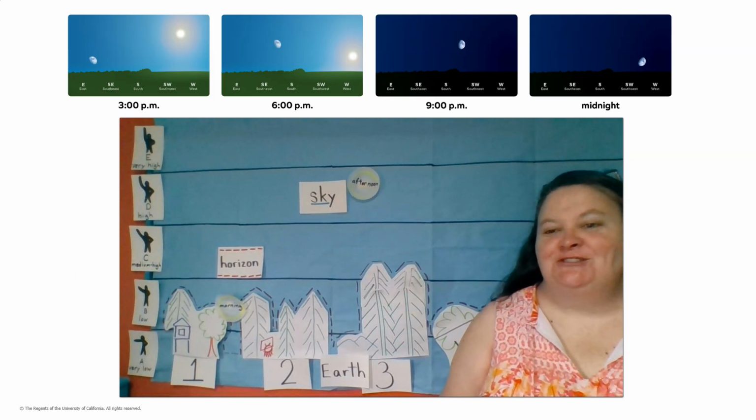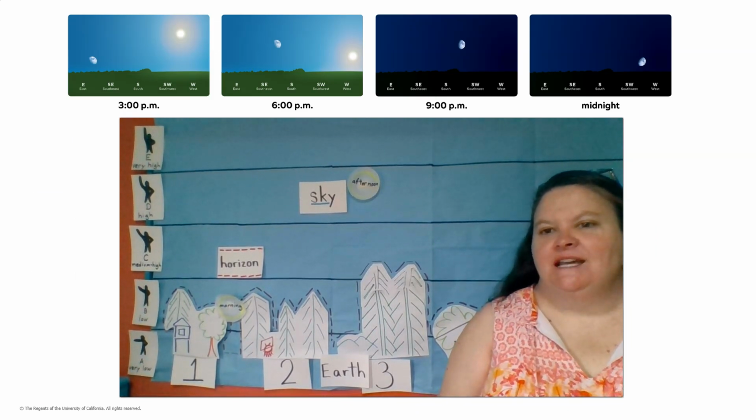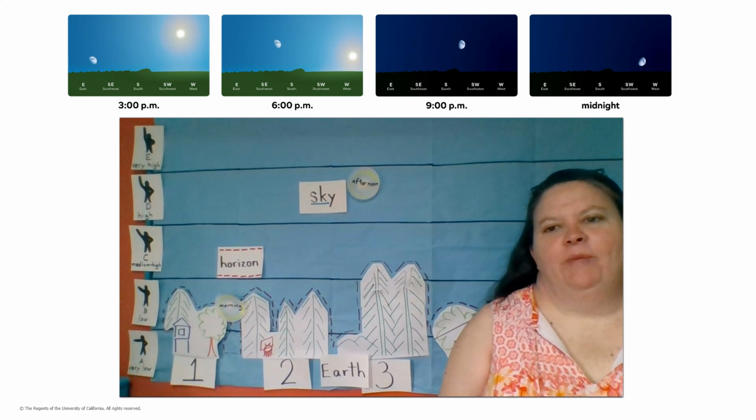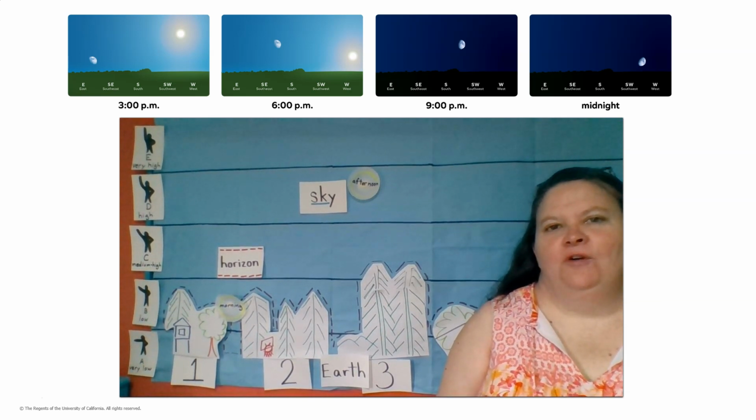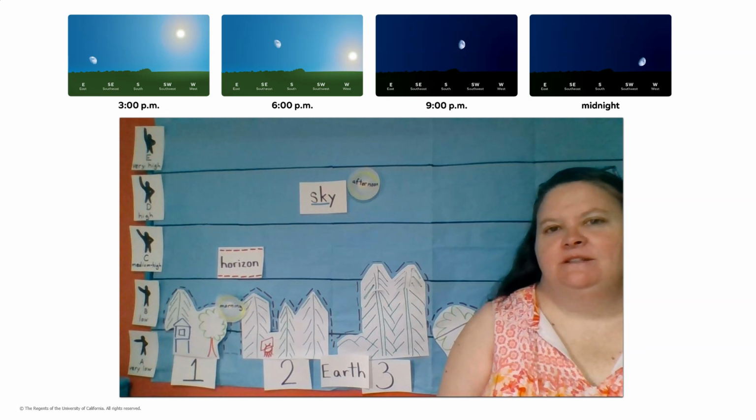I moved over here to our sky mural again because I think our sky mural might help us answer the question of what we notice about the patterns of the sun and the moon.